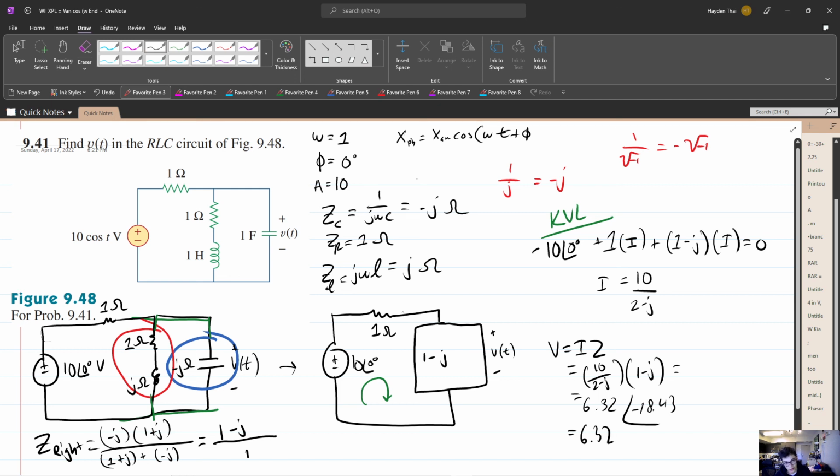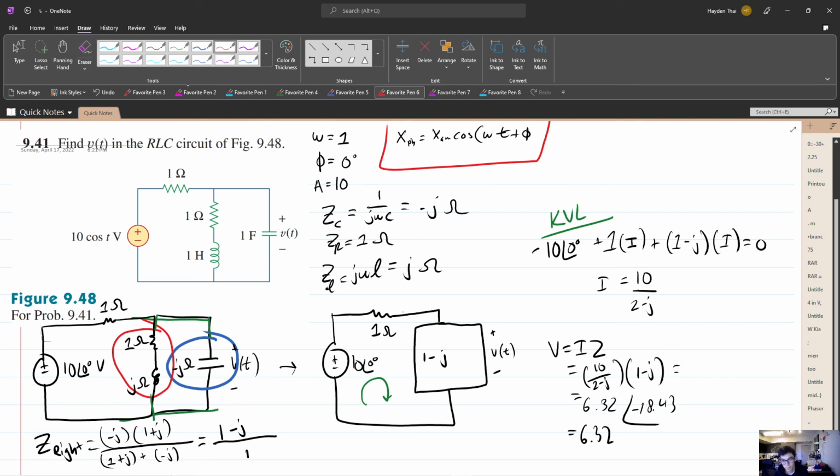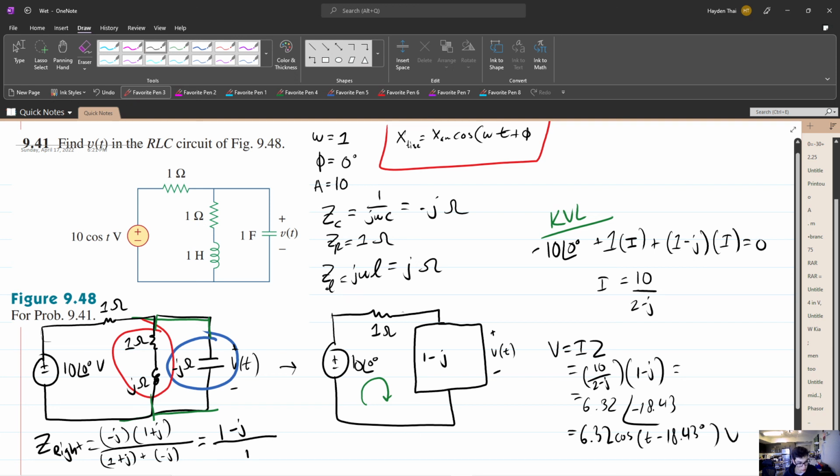We just plug it back into this equation right here: 6.32 cosine of t minus 18.43. And that is the final answer.